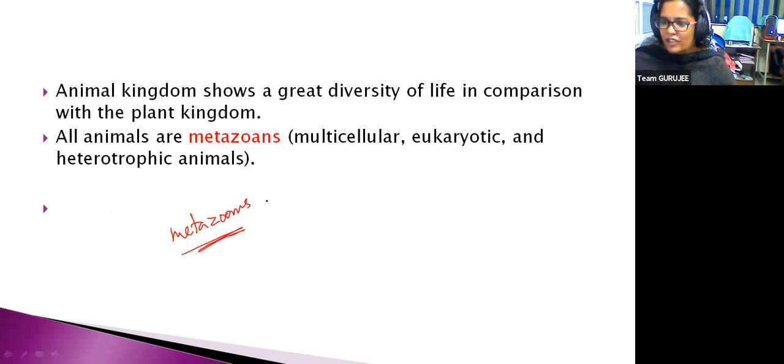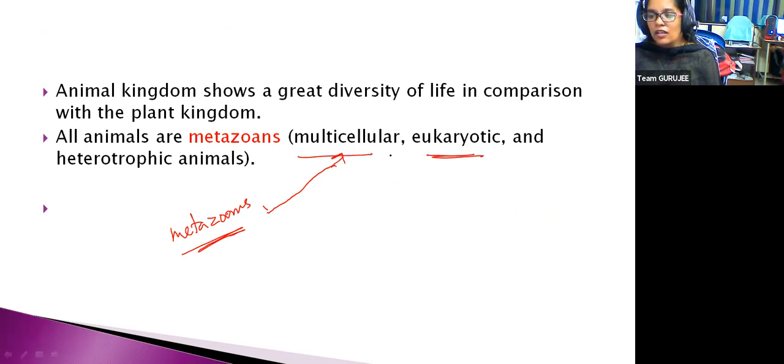So what are metazoans? Based on properties such as whether it is multicellular or unicellular, animals are multicellular and eukaryotic. What is multicellular? They have a large number of cells inside their body. Eukaryotic means they have a proper nuclear structure.